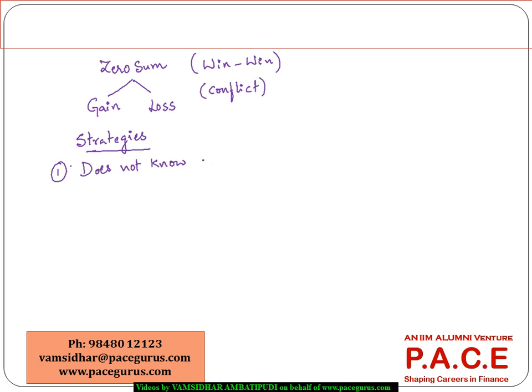He will not know what his opponent is going to play. That's one thing that comes up. Along with that, there is another important thing. Once a player has chosen his strategy, he will not change his strategy. So these two things are the guiding points or the assumptions which drive the game theory.